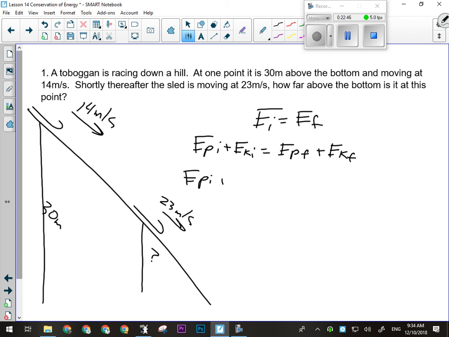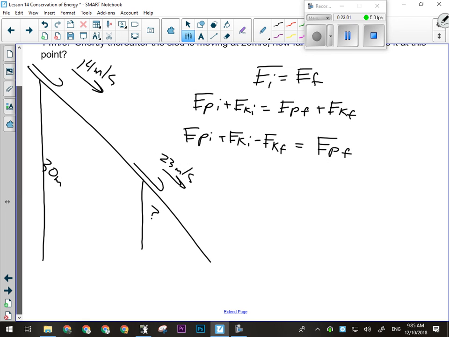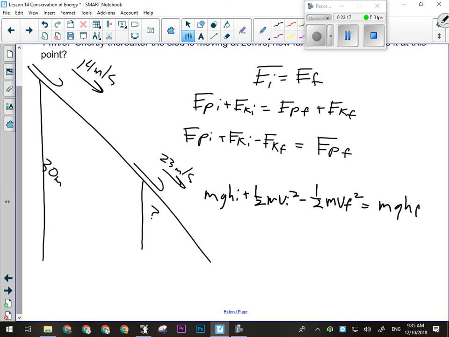So initial potential plus initial kinetic minus final kinetic equals final potential. Now I can plug in my formulas: m g h initial plus 1/2 m v initial squared minus 1/2 m v final squared equals m g h final.